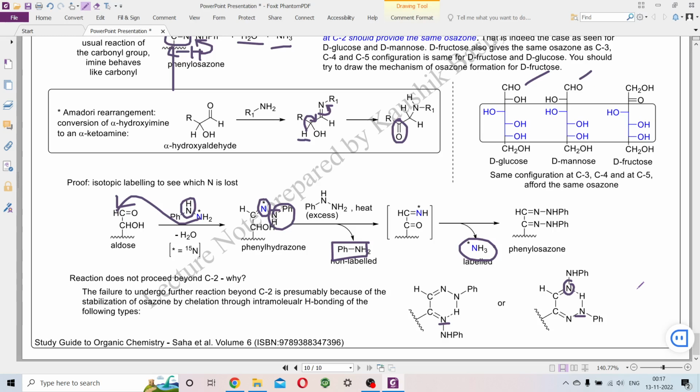So this question is also being asked. I would say that it would be a good idea to remember why the reaction does not proceed beyond C2, or stops at the C2 stage.